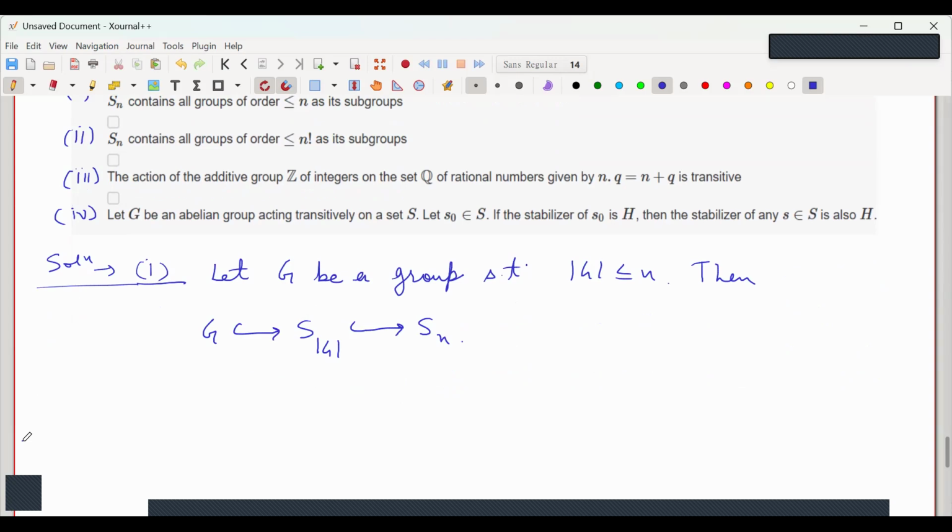This part is by Cayley's theorem, and this is in general true because the order of G is less than or equal to n. Now, what about the second part?